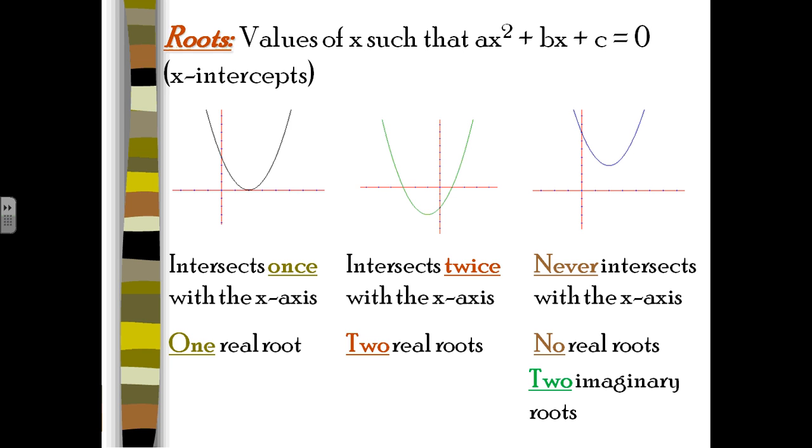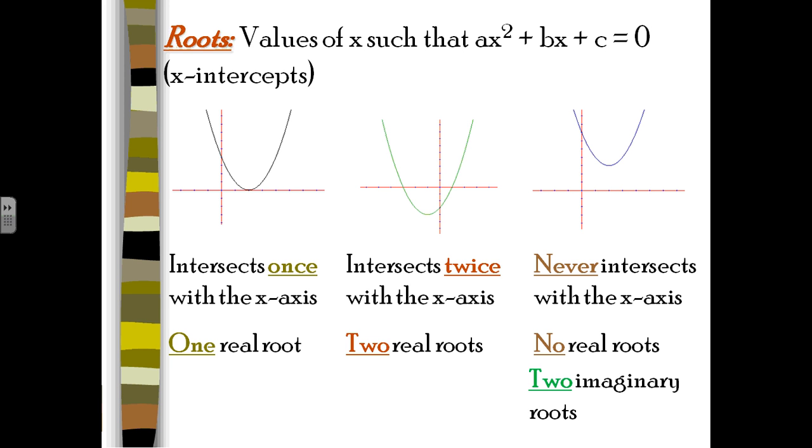The third option is, what if your parabola was shifted in such a way that it never intersects your x-axis? In that case, you have 0 real roots, but you can still solve your quadratic equation using the quadratic formula or completing the square, but you're going to end up getting 2 imaginary roots.